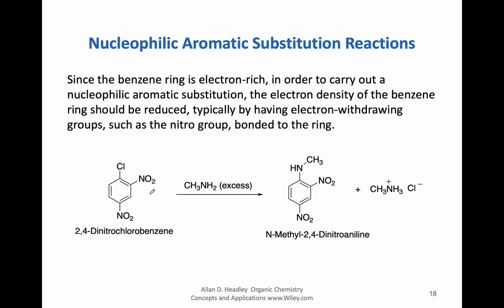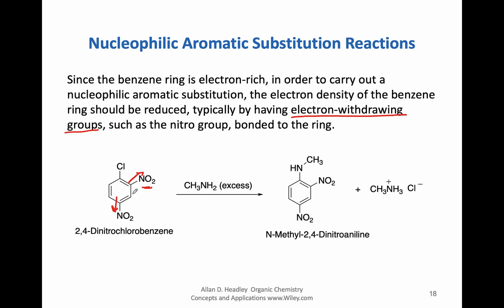One thing that we can do to make this reaction go is to add electron withdrawing groups to the benzene ring. Just based on the description given by the name, electron withdrawing groups are pulling electrons from the ring onto the groups.